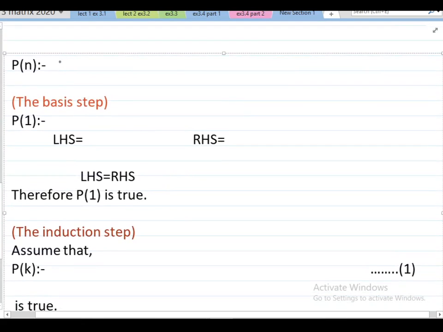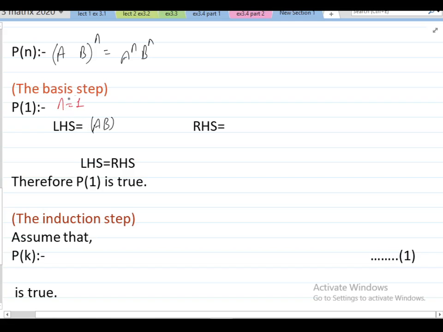This time, what is our P of n? Put n equal to 1: AB whole raised to 1 is simply A into B, and on the right hand side A raised to 1, B raised to 1. AB is AB, so LHS equals RHS, therefore P of 1 is true.